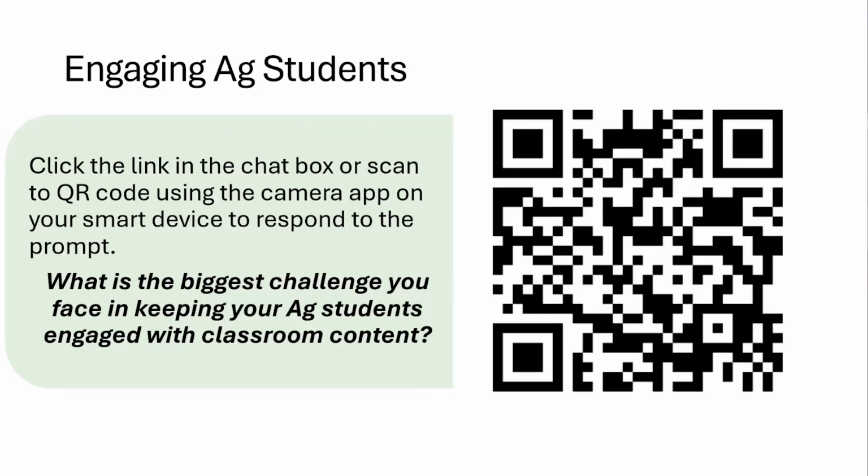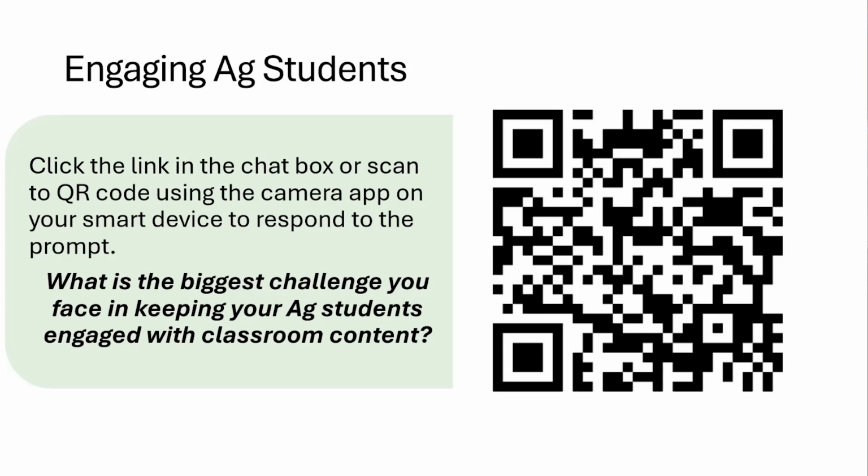First, out of the gate, grab your trusty smart device, open the camera app, and scan the QR code. When you get there, it's going to open a Mentimeter. You're going to type your response in the box and then hit submit. I also put the link in the chat if you'd rather use this activity on your laptop or computer rather than a smart device.